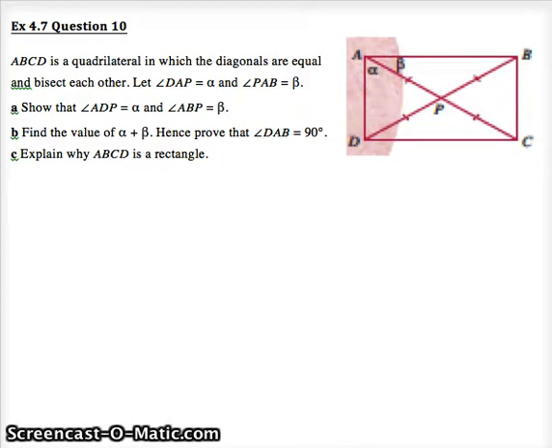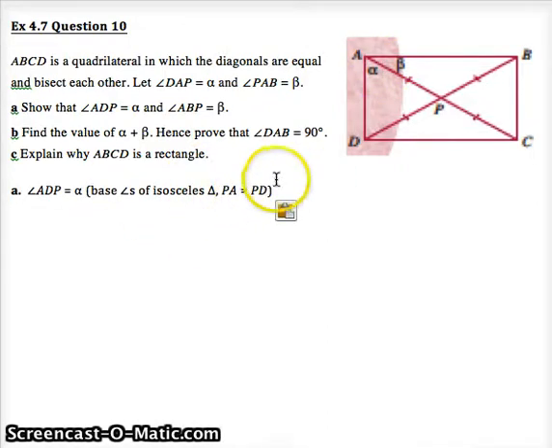Reason: base angles of isosceles triangle APD, and we also need to say that PA is equal to PD, which is the explanation as to why triangle APD is an isosceles triangle. I'll just put APD in there. Now we can mark that angle in as well.